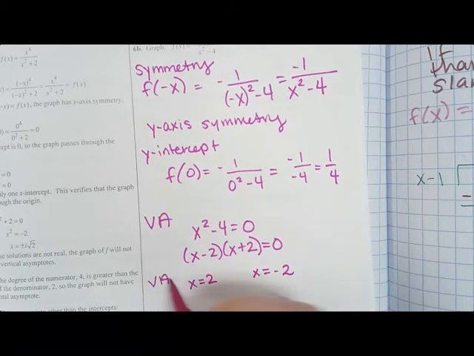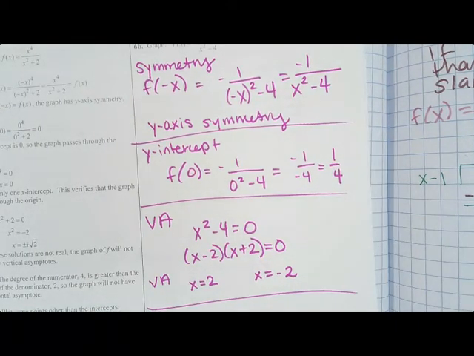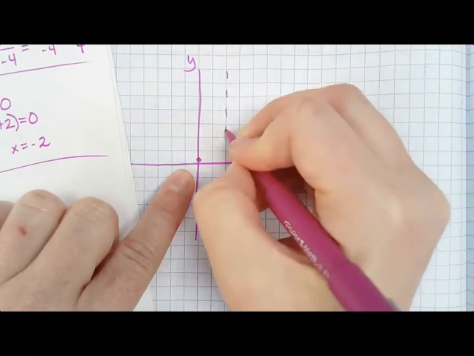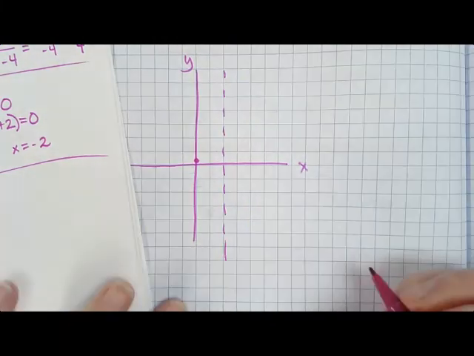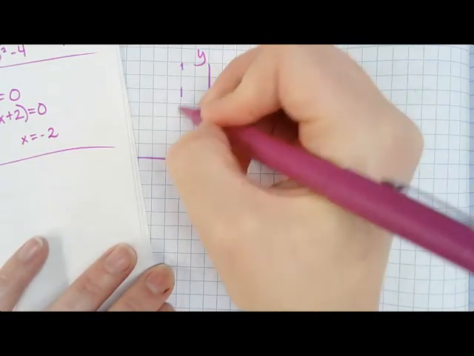vertical asymptote. So we did the x-intercept, we did the symmetry, vertical asymptote. So at positive 2 will be a vertical asymptote, x equals positive 2, and then x equals -2.